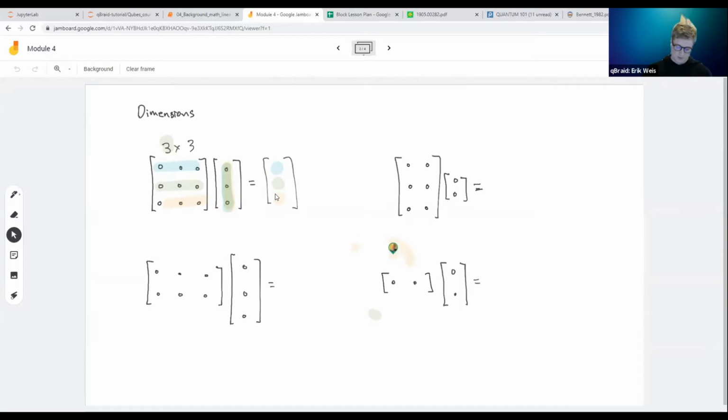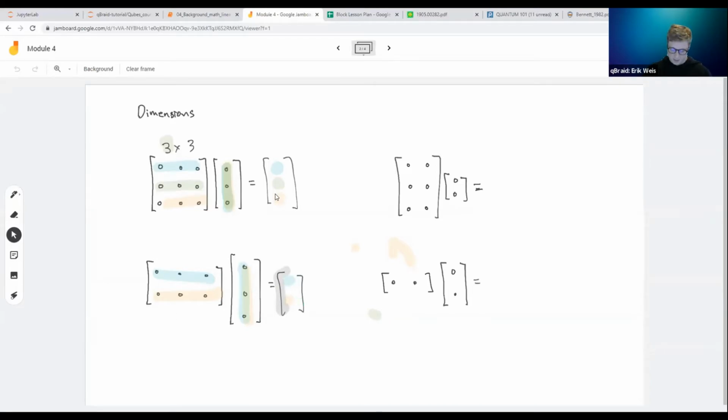3 elements to start, 3 elements to finish. Another possible process, which we saw in our example earlier, we could take just 2 inner products and we would end up with just a 2-dimensional vector.